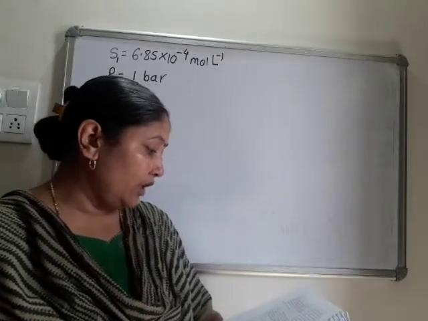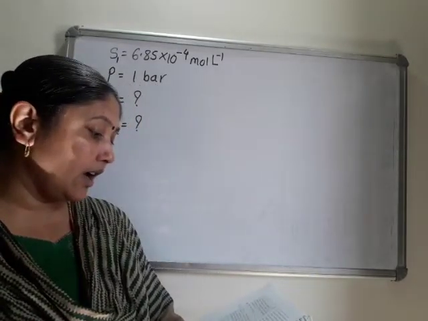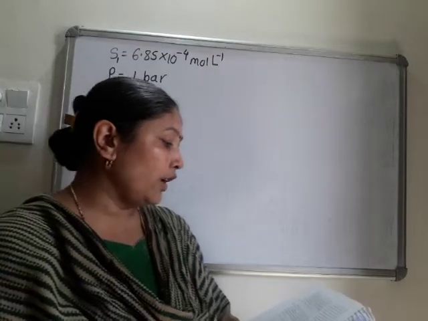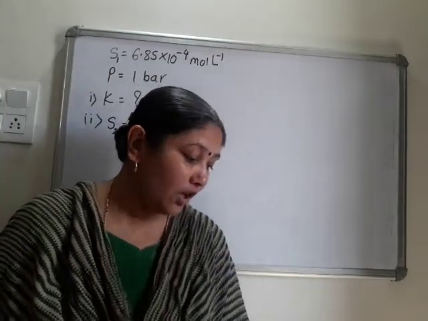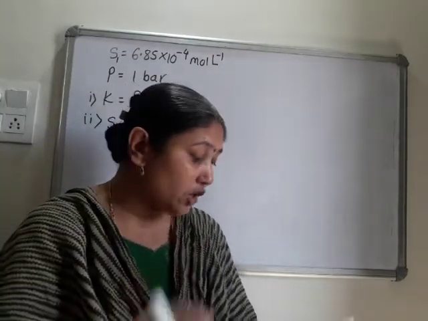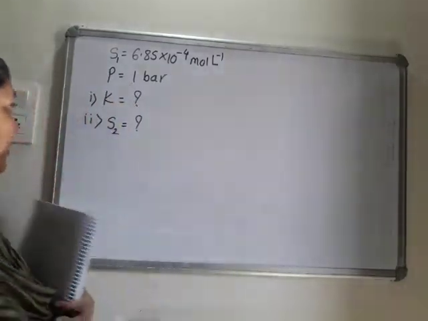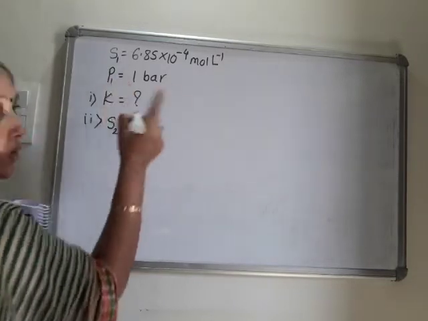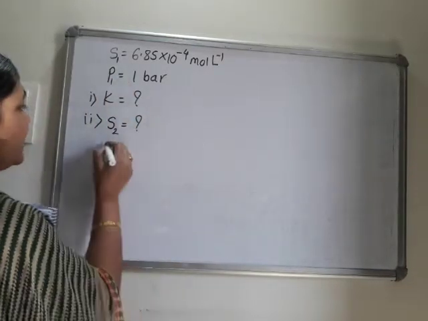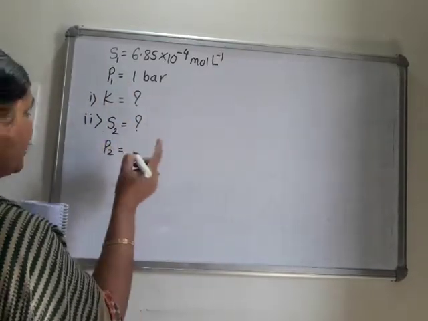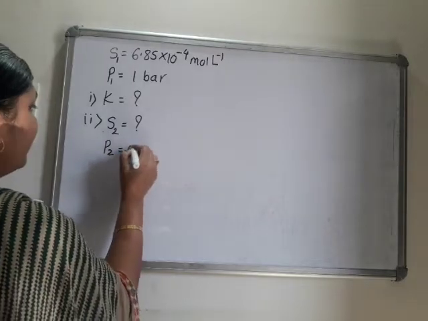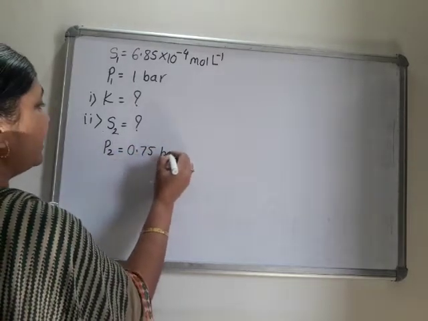Find the solubility of nitrogen gas dissolved in water under atmospheric condition when the partial pressure of N2 in atmosphere is 0.75 bar. So say this is the initial pressure, P1. For the second experiment they have given pressure as 0.75 bar and K remains the same.